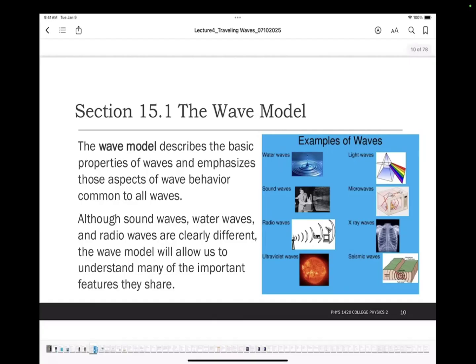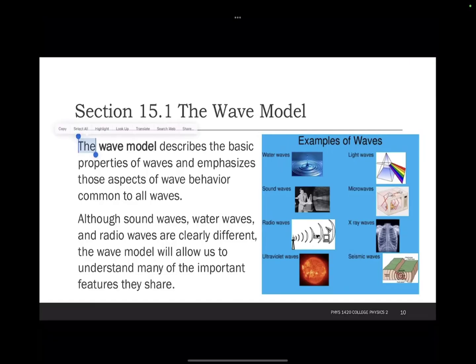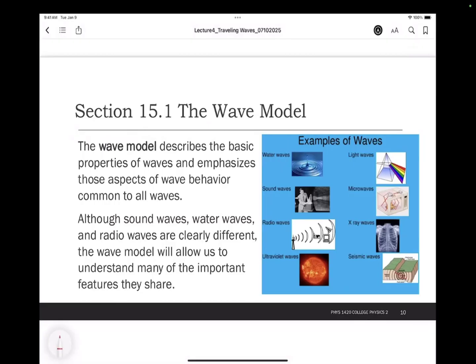You can see there are many example waves. The water waves, I think we usually see. The land waves, sometimes you can see, but mostly you cannot. And the sound waves, you can hear the sound, but you cannot see it.